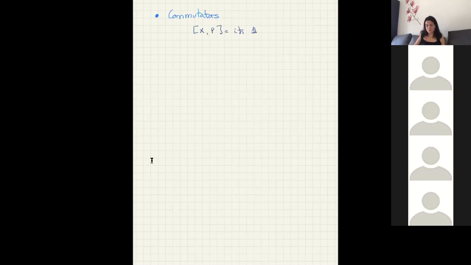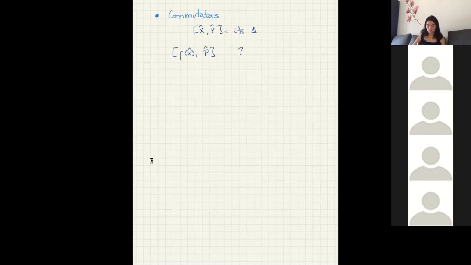But before, we'll need an ingredient, which is to know, what if we have some function of x? What's the commutator with p, for example? Where here I have all the hats implicitly, so these are the operators.